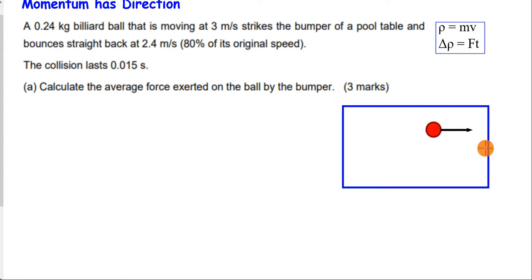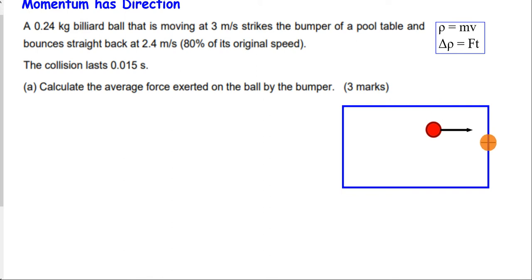So I've drawn a sketch so that I can see the event more clearly in my head. This ball moves with 3 meters per second and goes onto the side of the table, and then it bounces back at 2.4 meters per second.